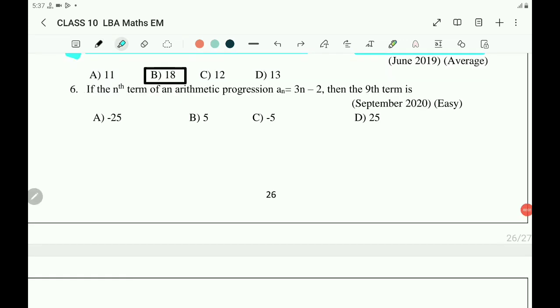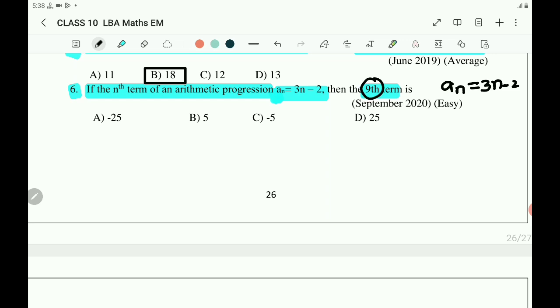Now you take question number 6. If the nth term of an arithmetic progression is an equals 3n minus 2, then find the ninth term. Same type of question. Here an is given, that is 3n minus 2.